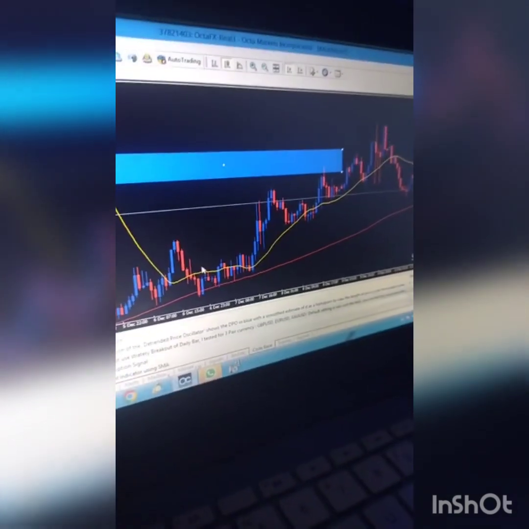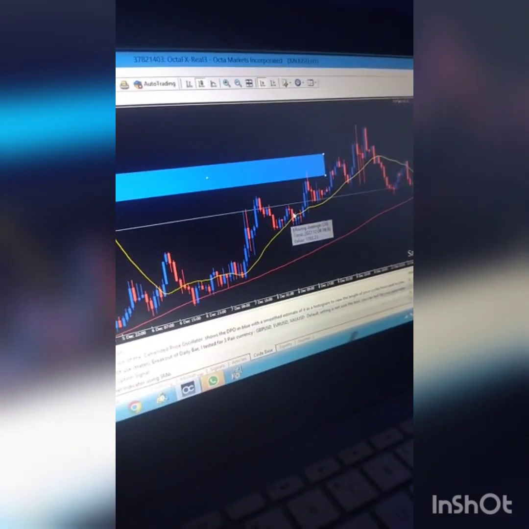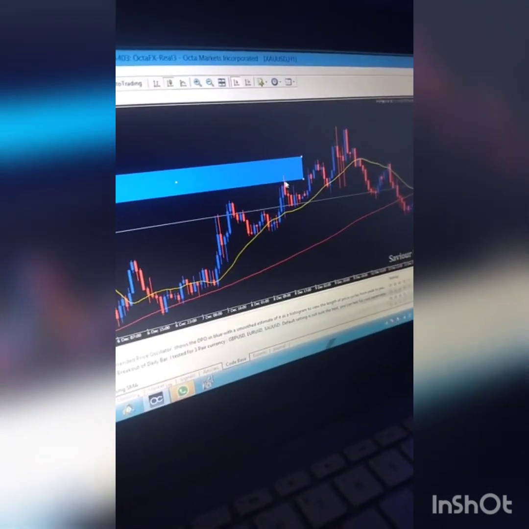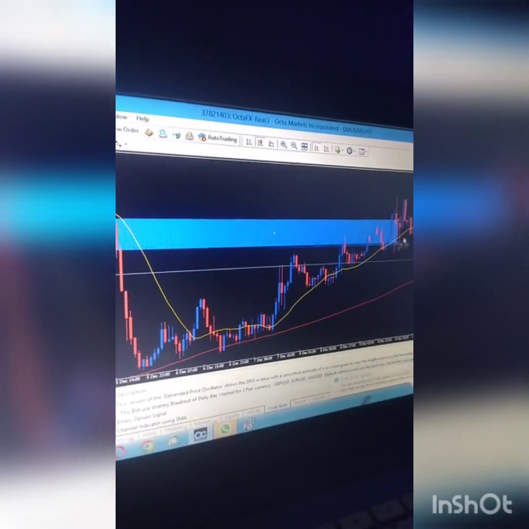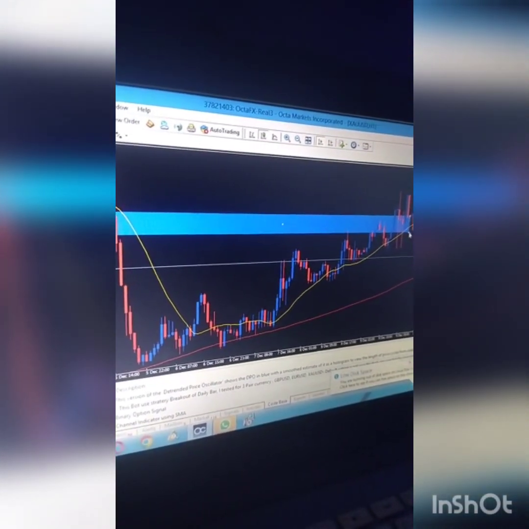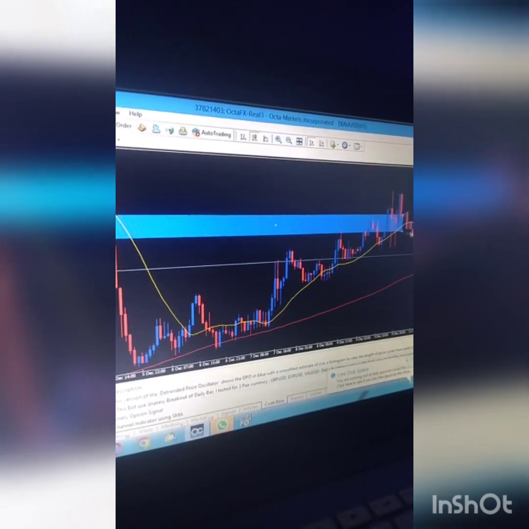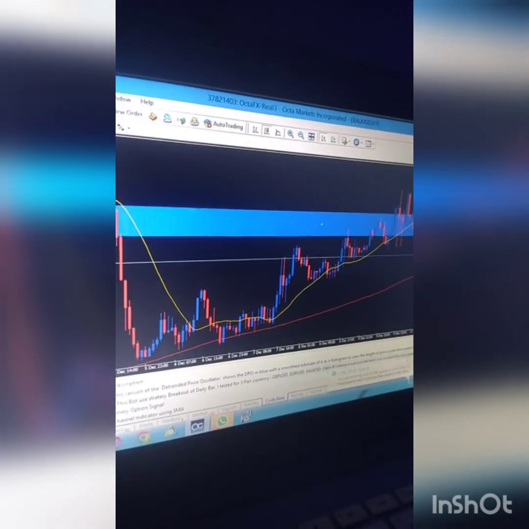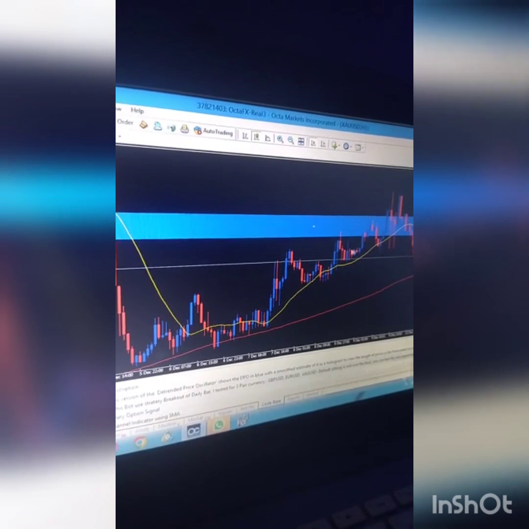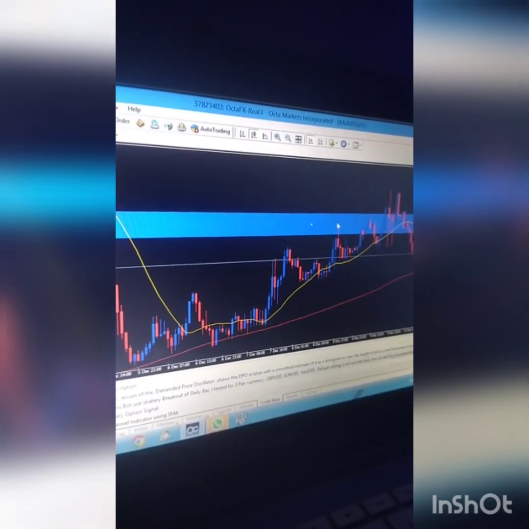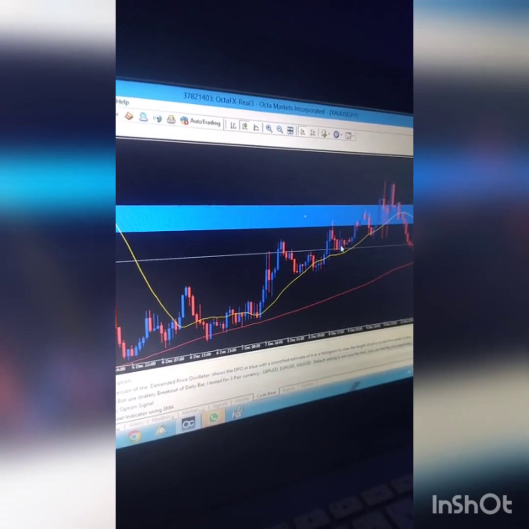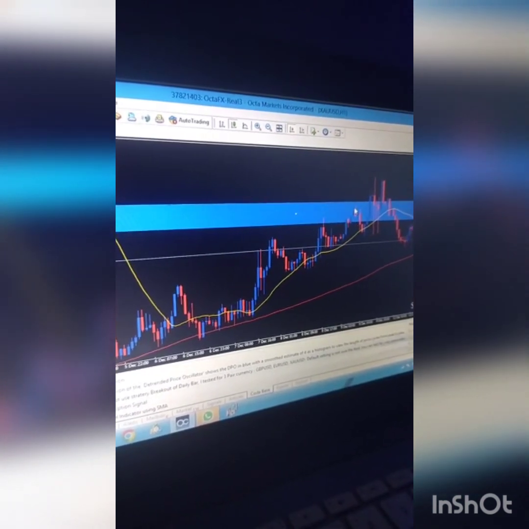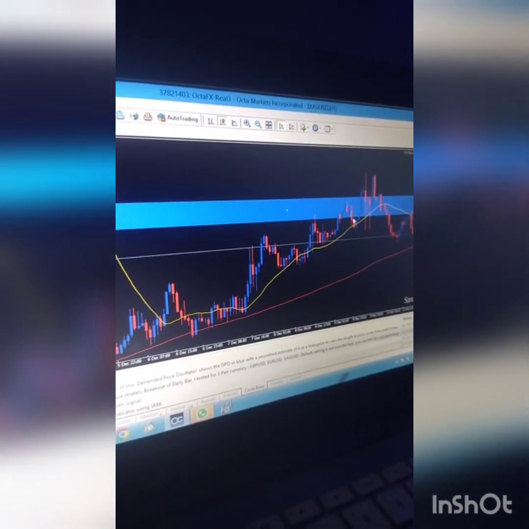So what happened here? If you see, when price got here, it reacted. So when price got here, it reacted. It came down. Then when it gets here again, it came down.